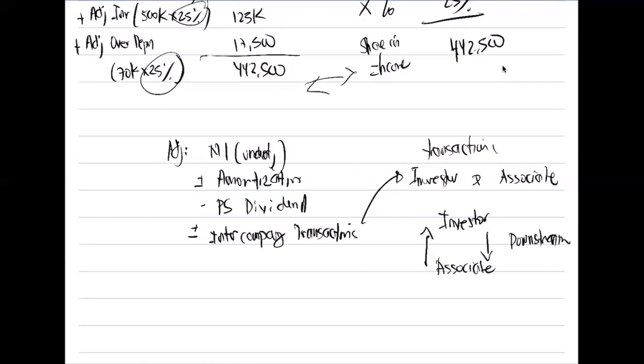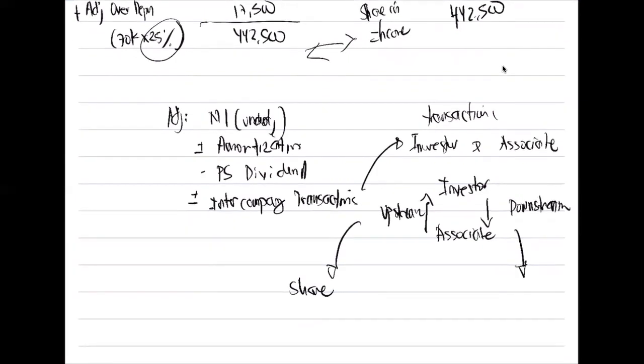If it's associate to investor, we call it upstream. Now, how do we treat these upstream or downstream transactions? Actually, this is still unclear up to this date. But some authors say that your upstream transaction should only be deducted based on the share, while for your downstream transactions, we get the whole as a reduction.